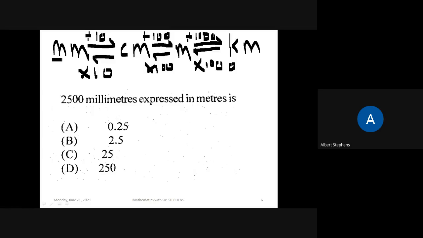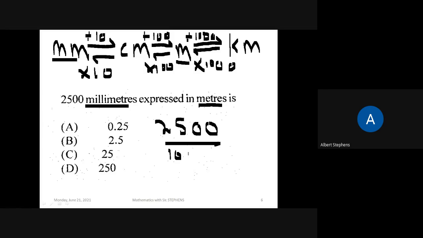So for this question, 2,500 divided by 1,000. Those zeros drop off, and when you divide 25 by 10, you get 2.5. So the answer there is B.